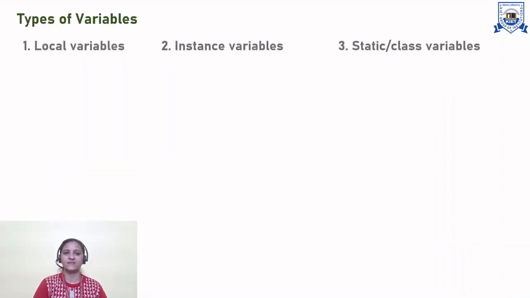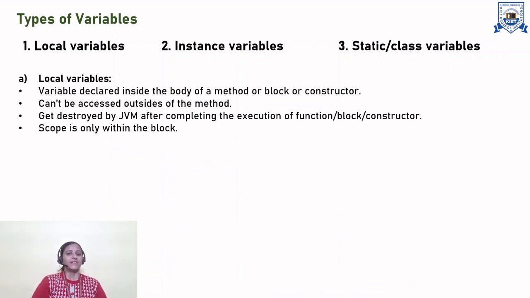Types of variables. There are three types of variables: local variables, instance variables, static or class variables. Now have a look at them one by one. Local variables, as the name indicates, are variables that are declared inside the body of a method or block or any constructor.